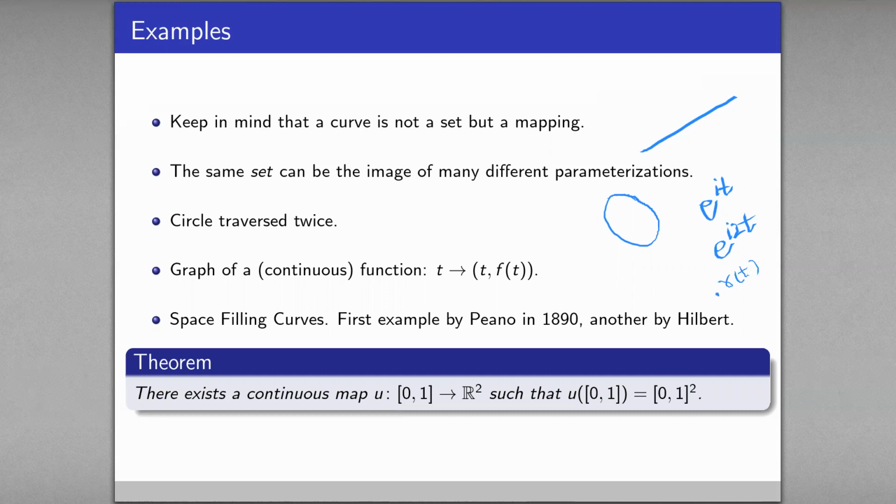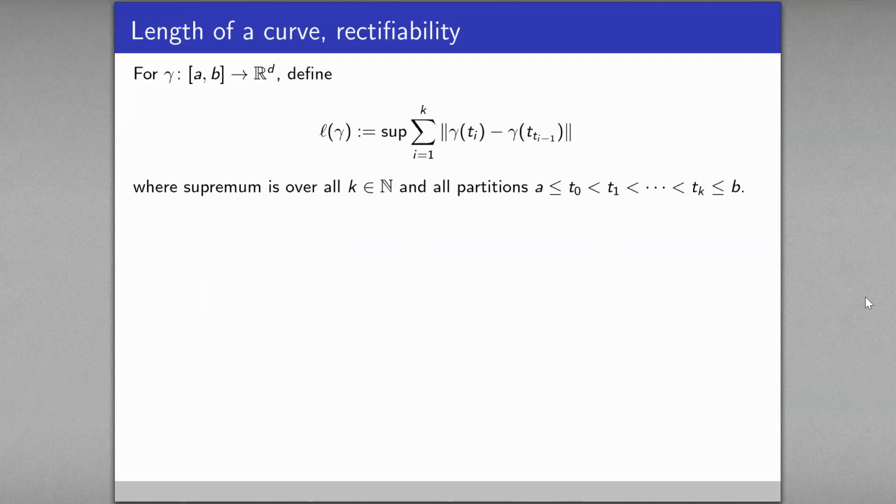These are called Peano curves, because he gave the first example in 1890. So we don't want to say that this is a curve, so we have to find some way of taking that out of the admissible class. And it turns out the right notion to do so is that of the length of the curve.